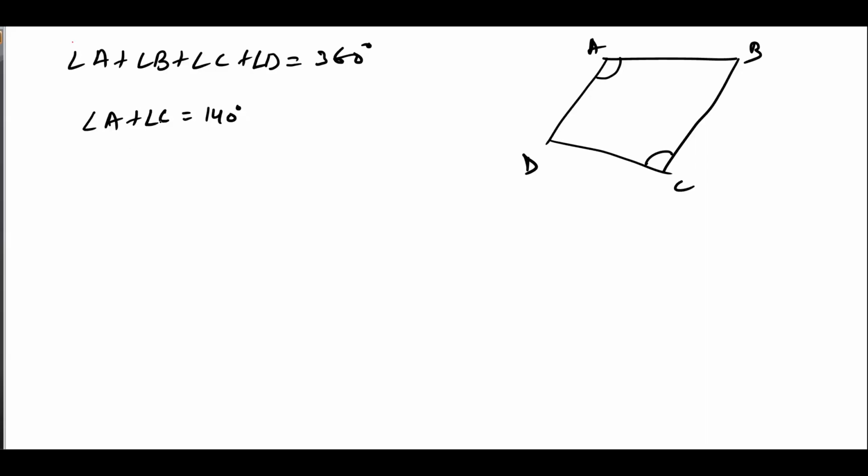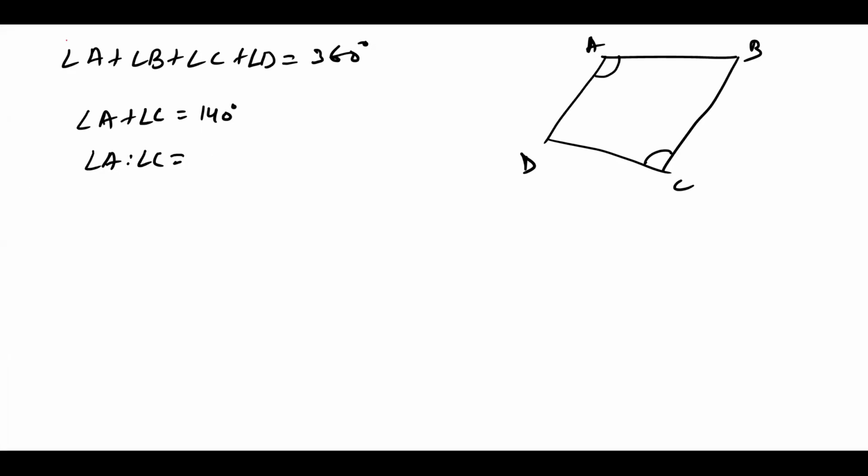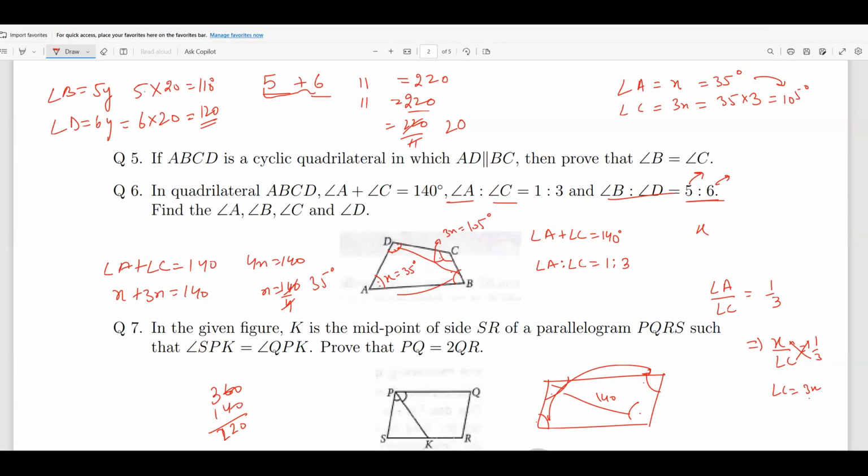Now you know that angle A plus angle C is equal to 140 degrees. And the ratio of angle A to angle C is how much? It is 1 is to 3.